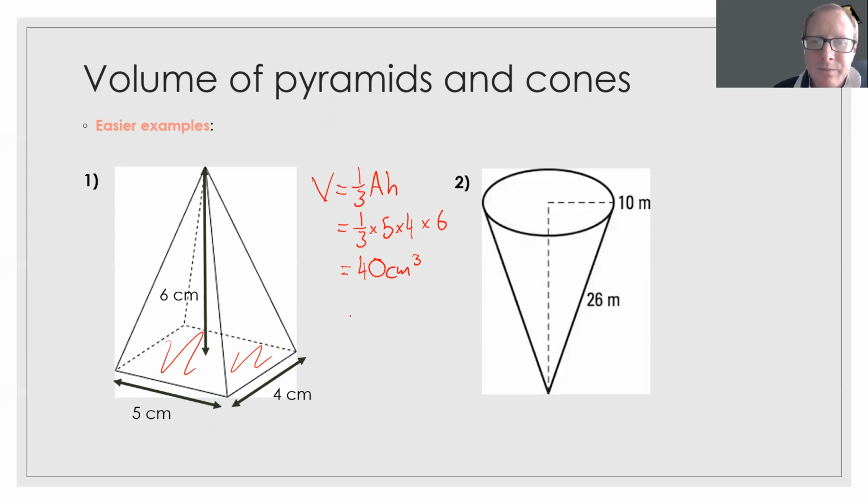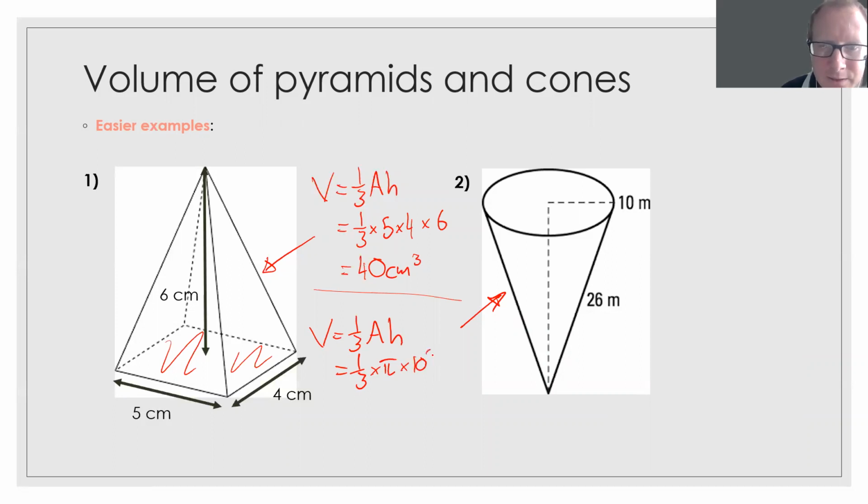If I've got a cone, let's do this one down here. We again have a third times my area times my height. Which is a third times pi times r squared, which is 10, times my height, which is 26.